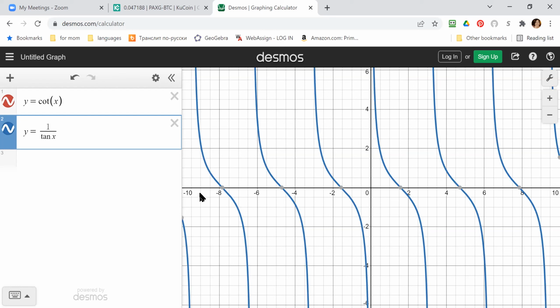There you go. Do you see how one graph coincides with the other graph? My y equals 1 over tangent x is in blue, and y equals cotangent x is in red. And when I click on one, it activates, and you can see how they're basically the same graph. And that proves that it's an identity. Cotangent of x is the same as 1 over tangent x. So you could also prove that two expressions are identical by graphing them and looking at their graphs.